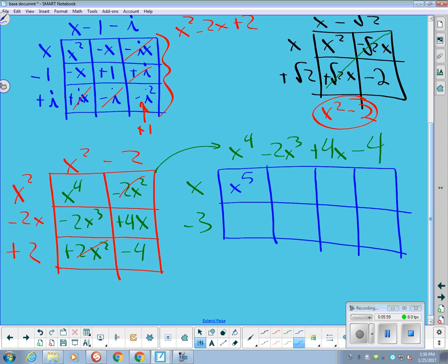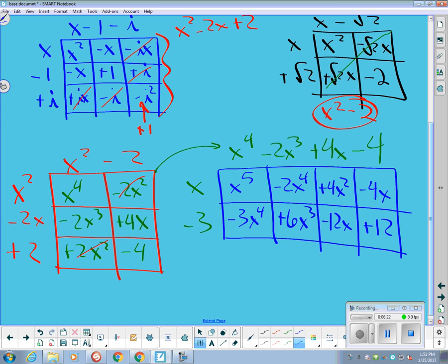So we've got an x to the fifth, minus 3x to the fourth, minus 2x to the fourth, plus 6x cubed, plus 4x squared, minus 12x, minus 4x, and a plus 12.